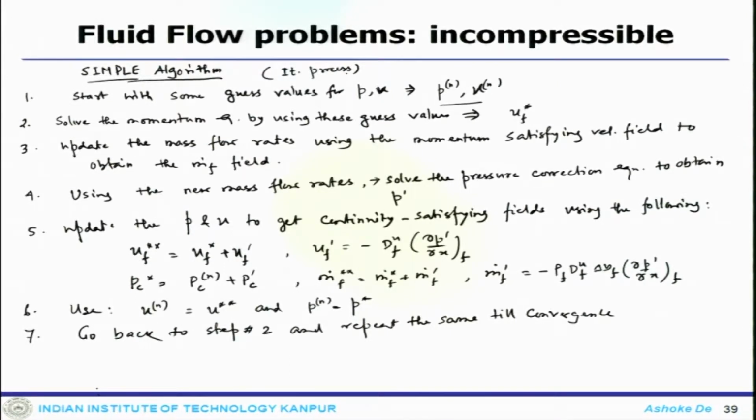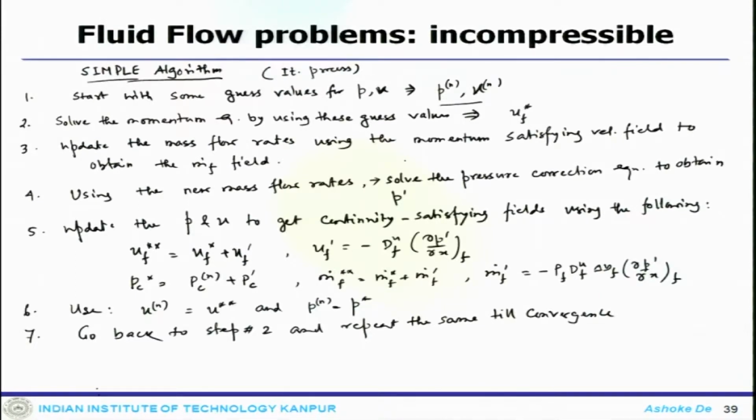So, within that, inside the domain you want to achieve the exact pressure and velocity field. So, you start with a guess value, then at the next level you solve the momentum equation, and once you solve the momentum equation, you get the intermediate fields. Then you calculate your mass flow rates to check whether it conserves the mass flow rate or not.